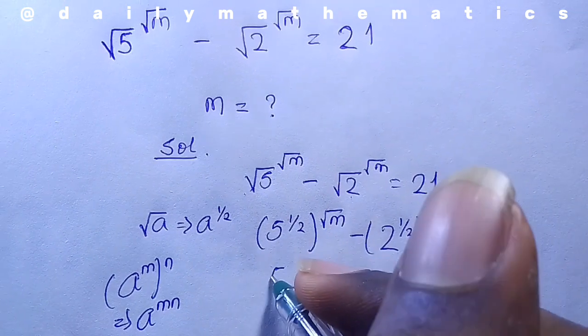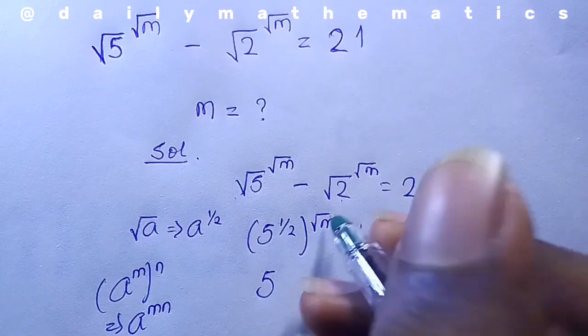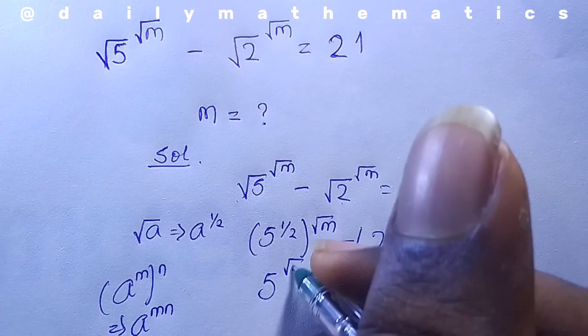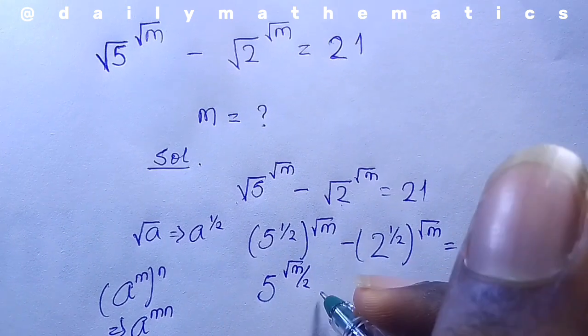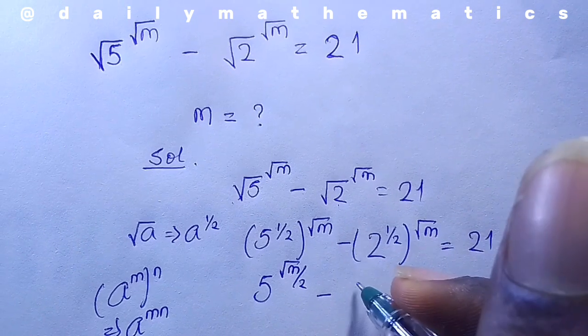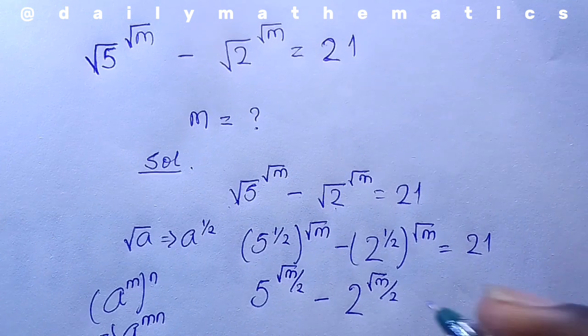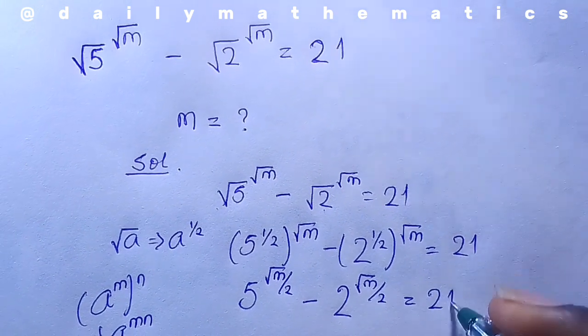So here we have 5 raised to the power of 1 over 2 times root m, which gives us root m over 2, minus, doing the same thing, 2 raised to the power of root m over 2, equals 21.